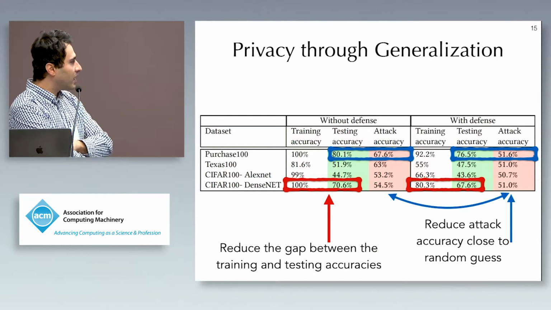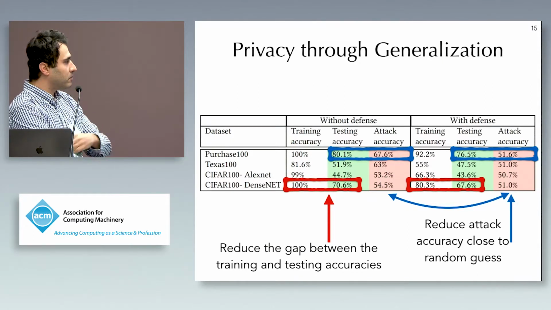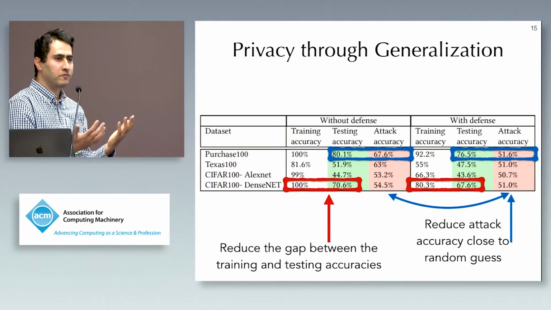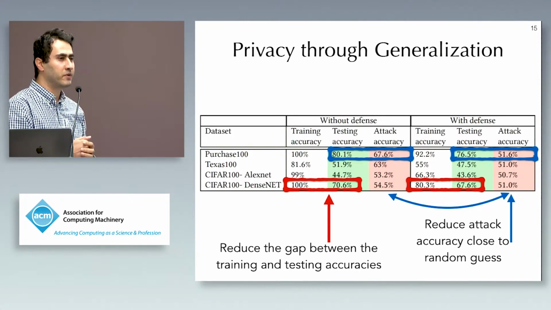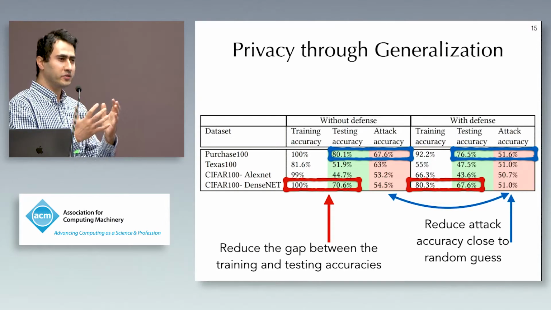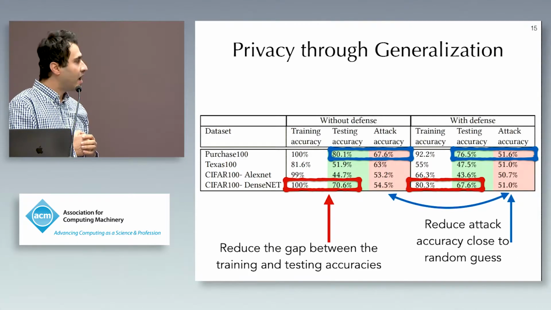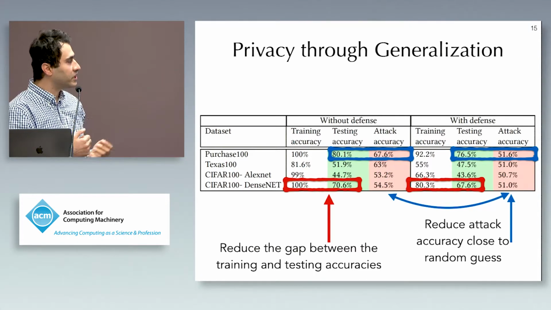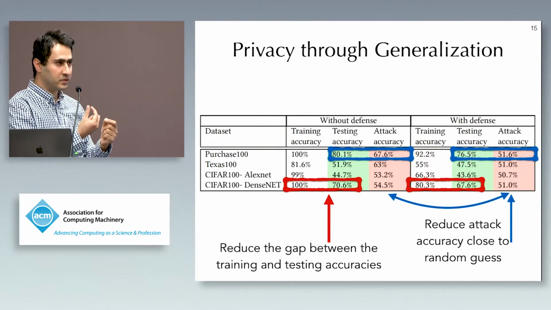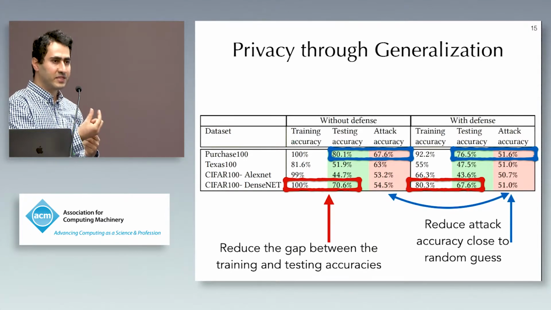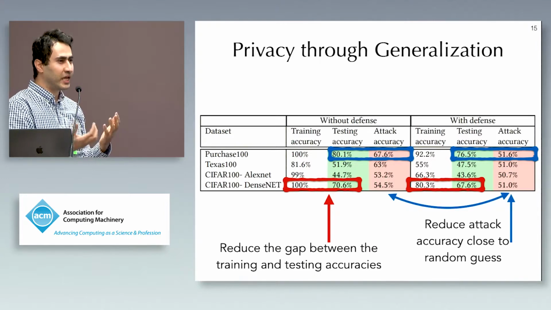And like I mentioned before, the intuition for having this kind of membership leakage and other kinds of leakage in machine learning models is the fact that models overfit to their training data set. Here we're seeing that our approach is reducing the gap between the accuracy of training and testing data set. Our mechanism is acting as a regularizer and is closing the gap between training and testing accuracy.